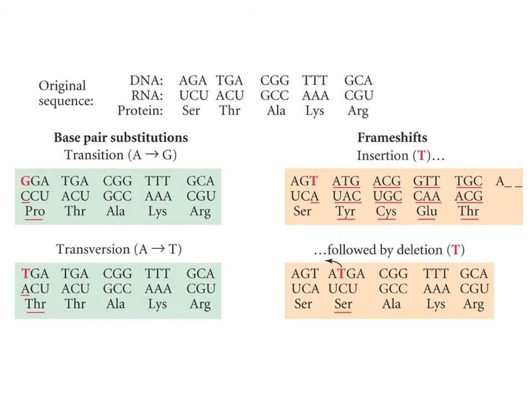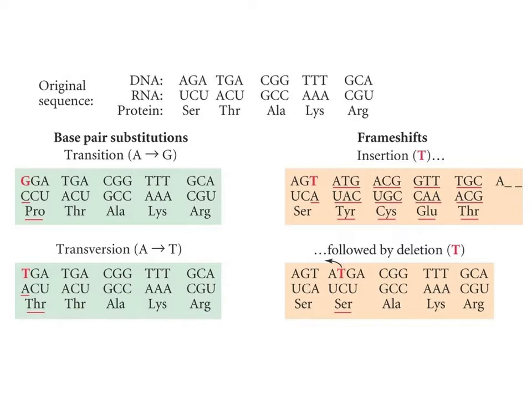So here's a DNA example in which you can see at the top the original DNA sequence, the original RNA that would result from transcription of that, and then the polypeptide that would be assembled based on that messenger RNA molecule. Now, with a base pair substitution, whether it's a transition or transversion on the left side, you can see that it affects only that first amino acid. Okay, it should be SER, but it goes to either PRO or THR.